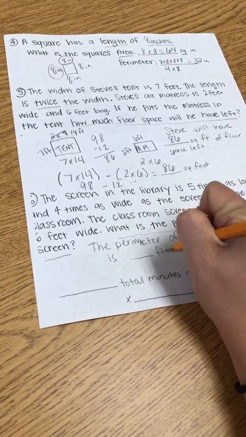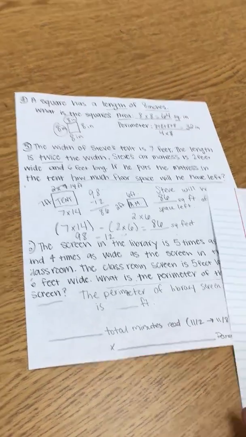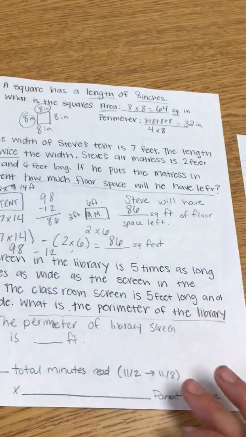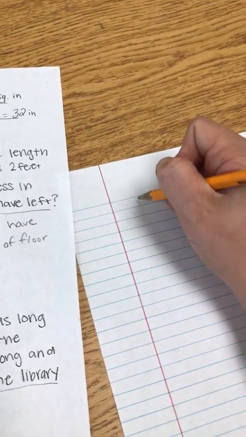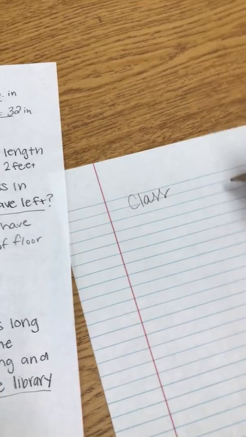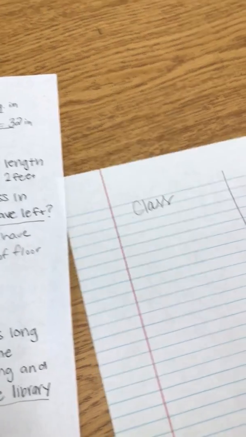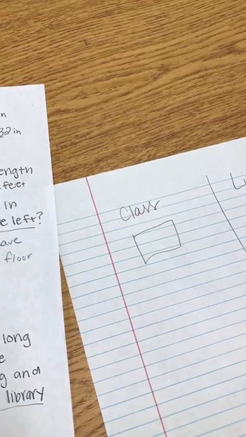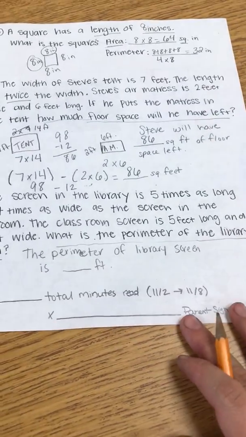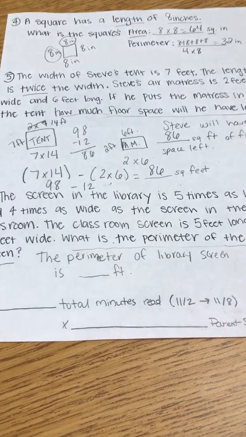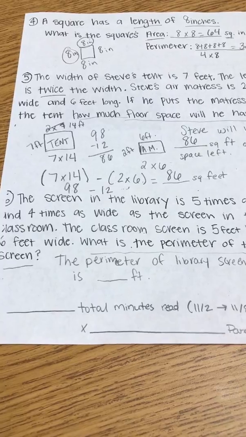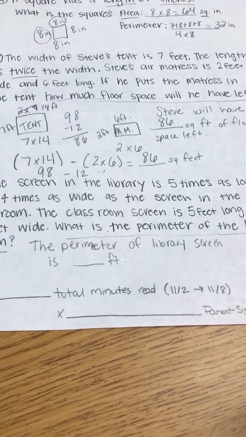Now, since I do not have a lot of room left, I'm going to use a scratch sheet of paper to help me solve this. So I have 2 screens that I'm working with in this problem. The screen in the library and the screen in the classroom. I'm trying to figure out the perimeter of this library screen. It does not nice and easy tell me the length of the library screen is this, the width of the library screen is this.